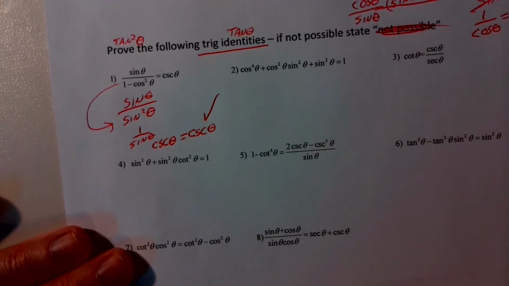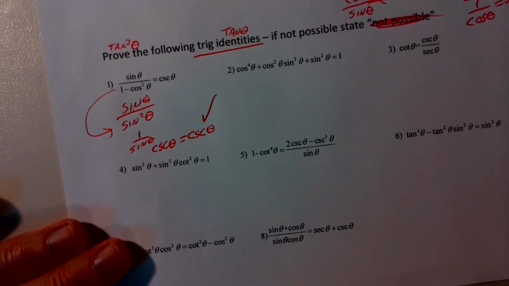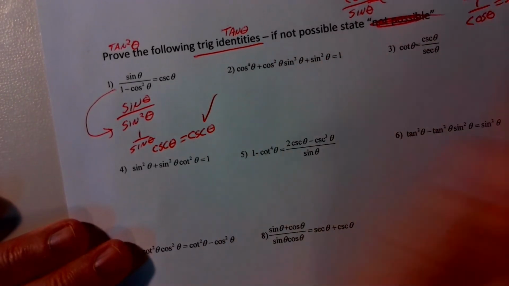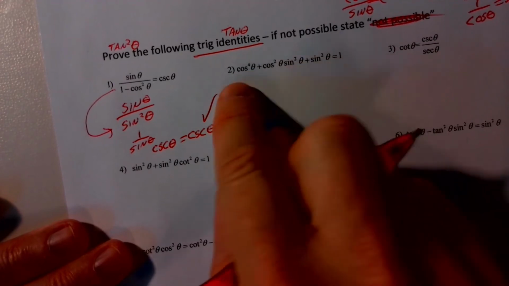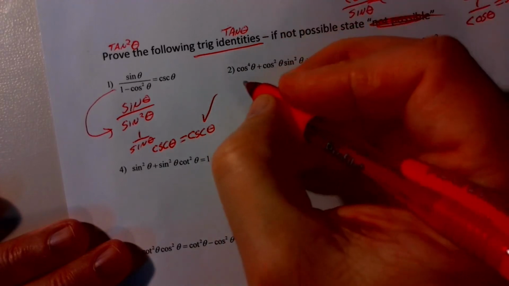So I'll go ahead and do the second one too, because that one sometimes is challenging for some people. And what I'm going to look at is this. I'm going to go, hey, these first two terms have a cosine in them. So I want to try and pull a cosine out of those first two terms and see what I get.